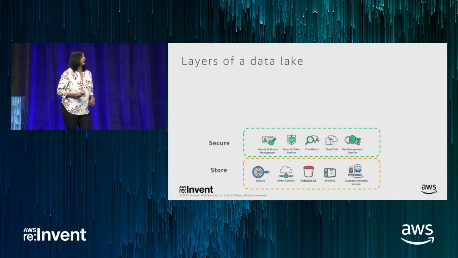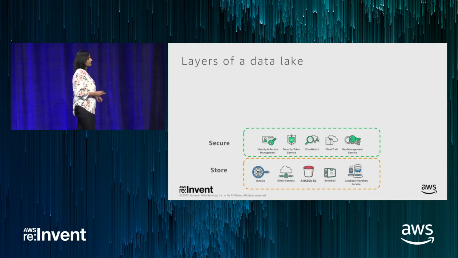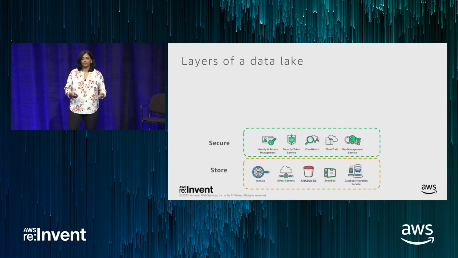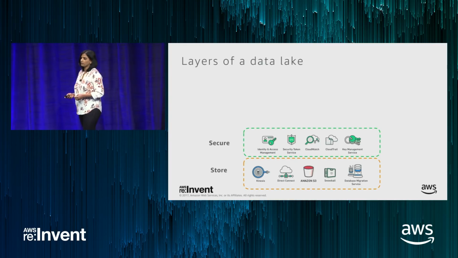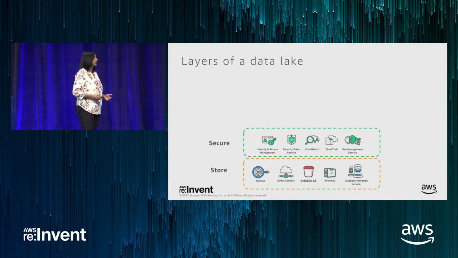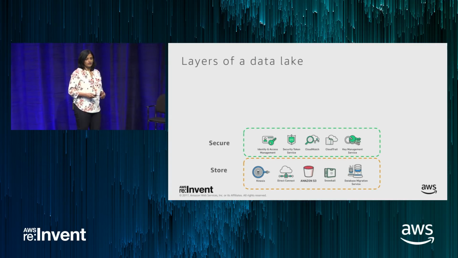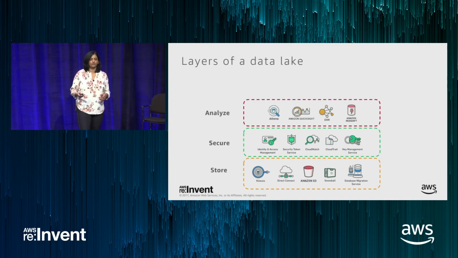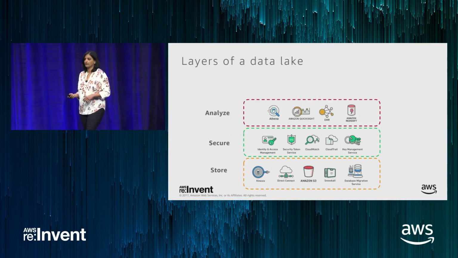You then have a variety of security services that will allow you to protect and secure your data. You can use the Identity and Access Management service to set the appropriate policies and rules on your data. You can use the Key Management Service to encrypt your data. And once your data is protected and encrypted, you now have a host of services to analyze your data.